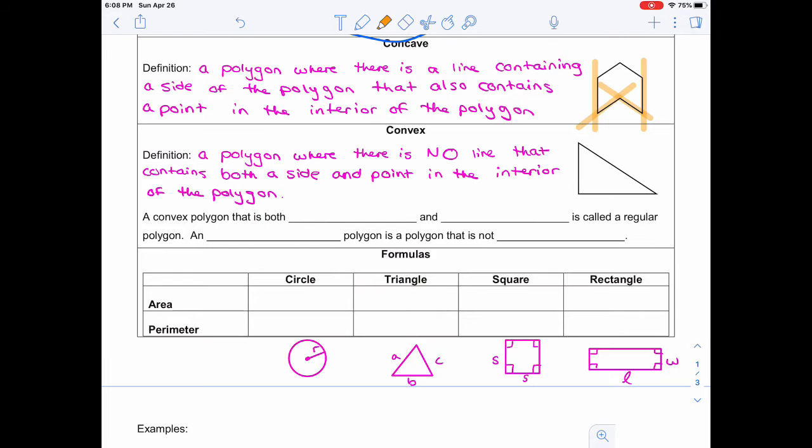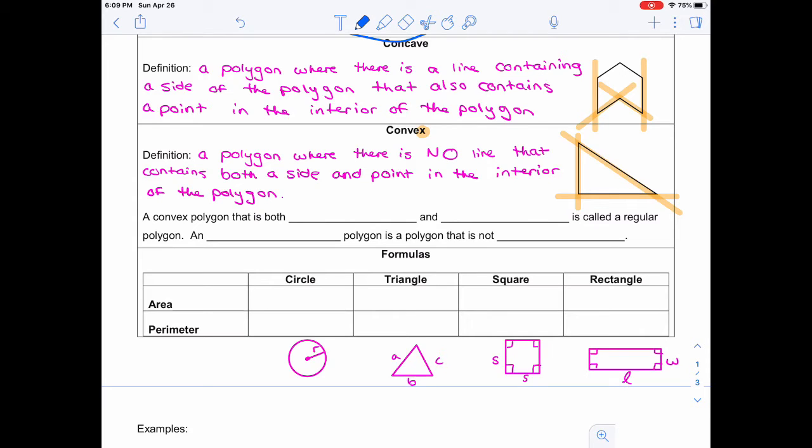And then we also have convex, so that's where no line that contains both a side and point in the interior of the polygon. So again, if I were to extend all of my sides here, clearly none of those sides when extended are going to go inside my actual shape, so I have a convex. X, I always think here, X means no, it does not go inside, okay?